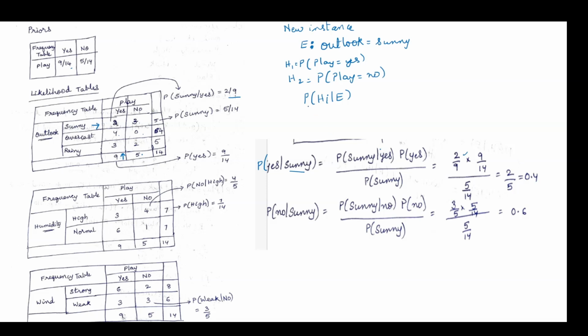Similarly, you would calculate P of H2 given E, that is P of play equal to no, given outlook equal to Sunny, which evaluates to 0.6. So when we look at these two values, you can easily notice that P of no given Sunny has a bigger value, and hence the prediction is play equal to no. So for this one, the actual prediction is play equals no based on the data set given and the naive Bayesian classifier.